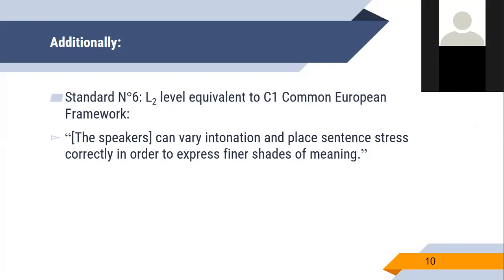Well, somebody who's at this level of mastery can vary intonation and place sentence stress correctly in order to express finer shades of meaning. So as you can see, expressing different shades of meaning becomes essential because it allows us to communicate.